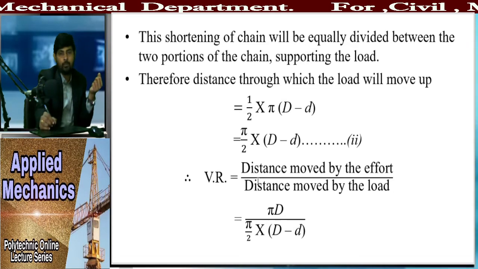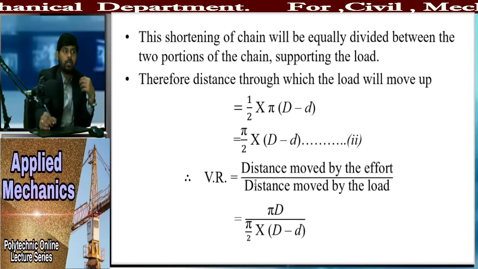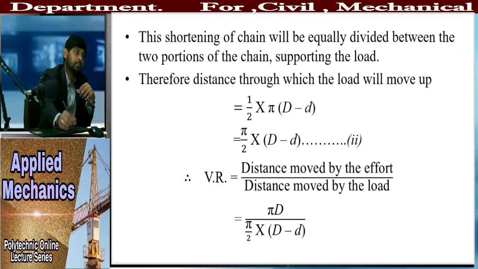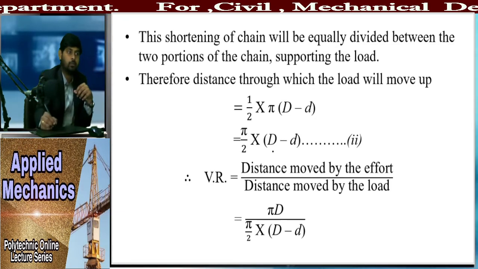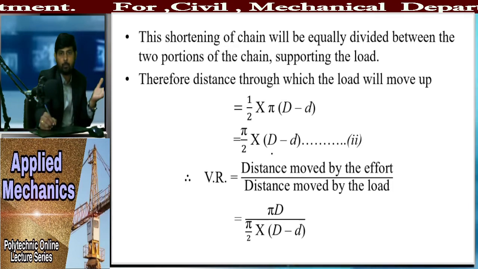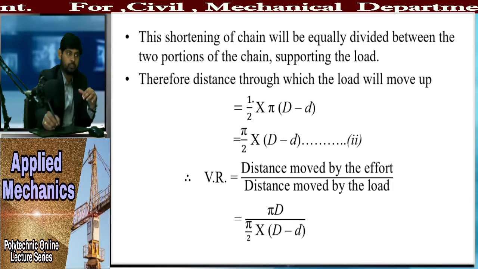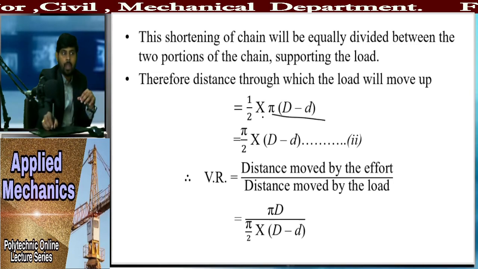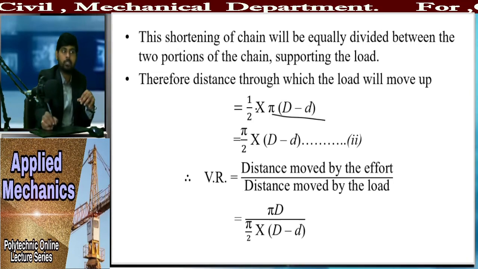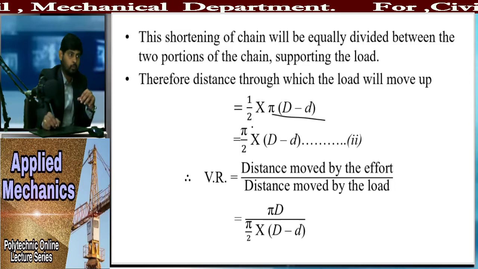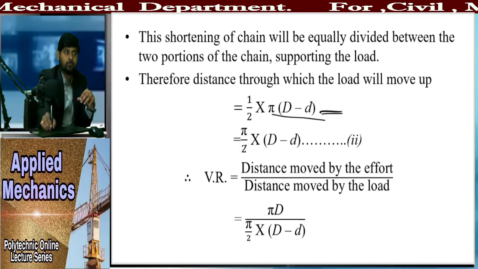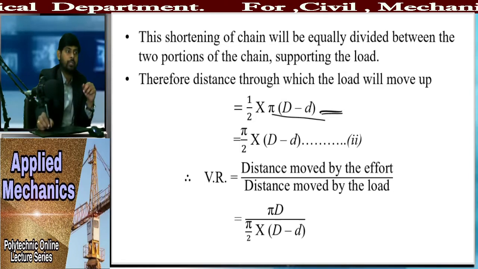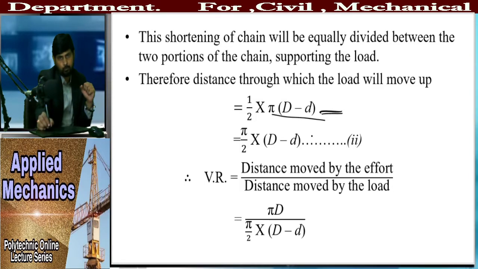Therefore, the distance through which the load will move up is half for one portion and half for the other portion. So this is half into pi (D minus d) for the single portion. We can write this equation as pi by 2 into (D minus d). Give it equation number 2.